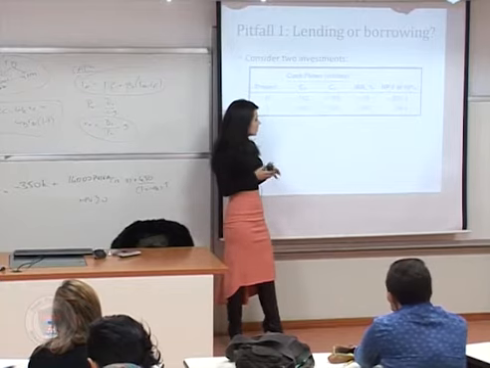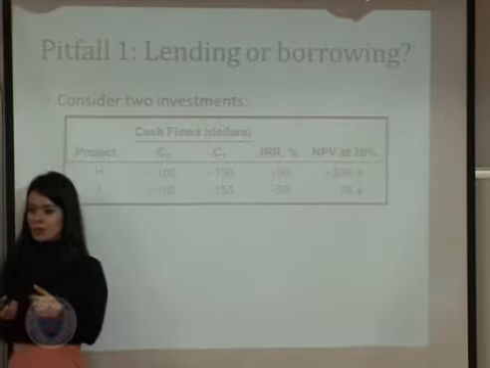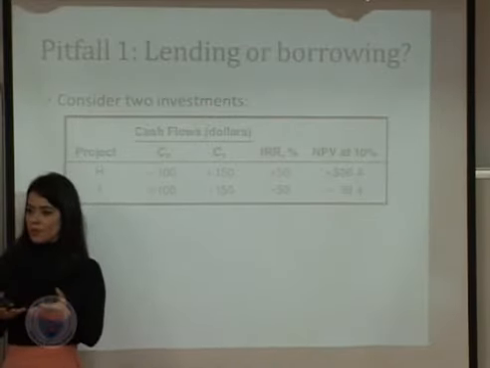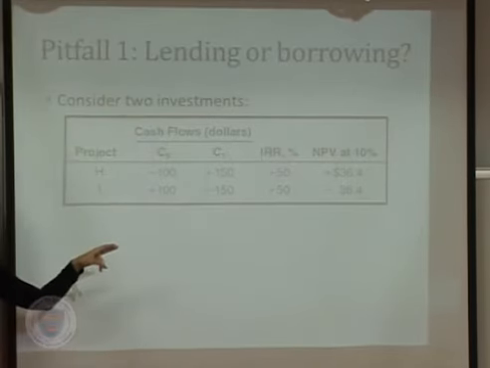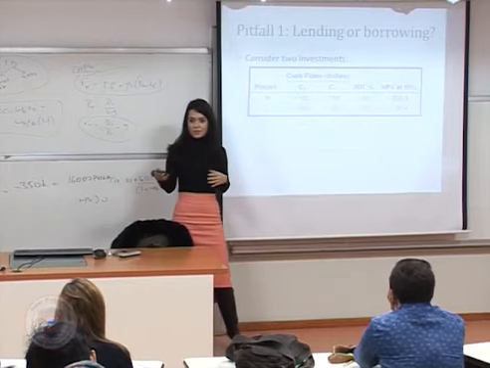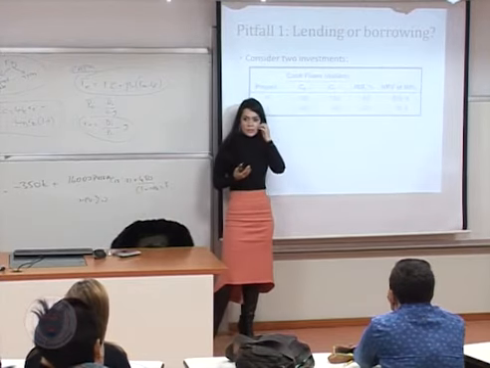But it is a bad thing for the person who takes the money from you, because it's a negative NPV project for him. So two projects with the same IRRs, one is good, one is bad. Okay, so you should be careful about those minuses and pluses basically.